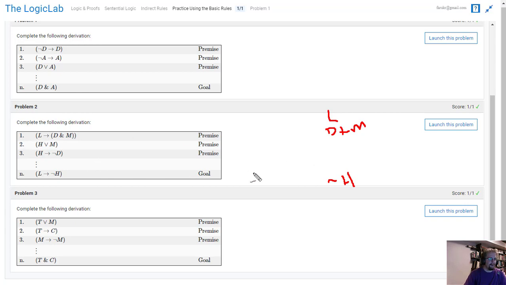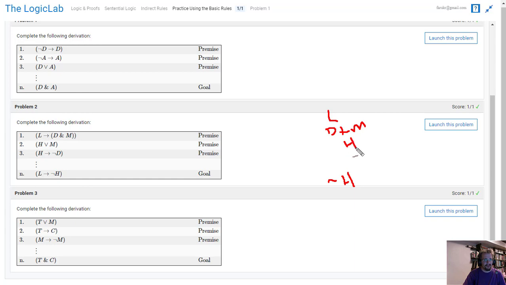Then I can do inside of that same magic box, let's see, could I do a disjunction there? Oh no, that's fun. I'm going to do a negation introduction on H, so that will give me a sub box.